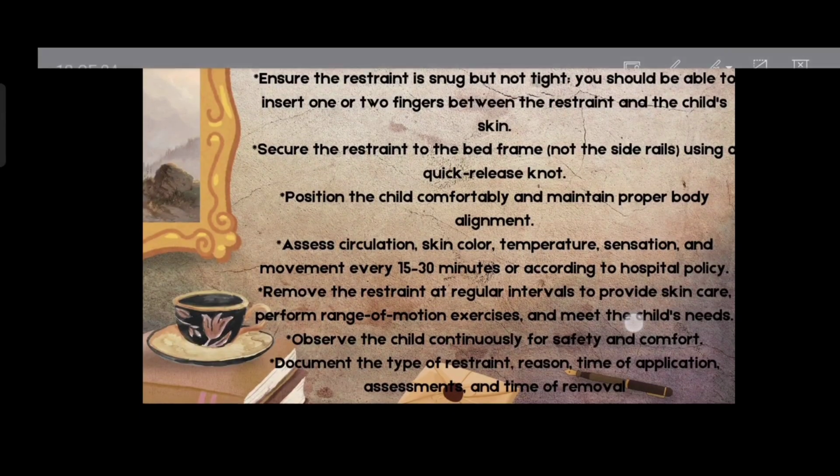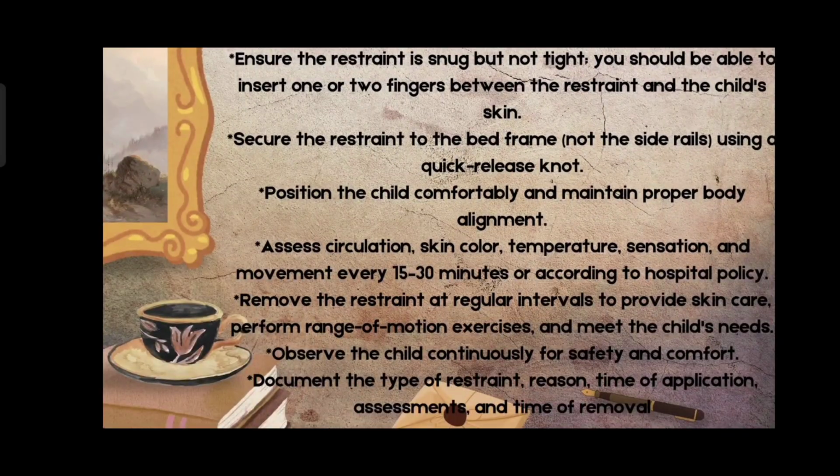Then we have to ensure that the restraint is not too tight or too loose. You should be able to insert 1 or 2 fingers between the restraint and the child's skin.